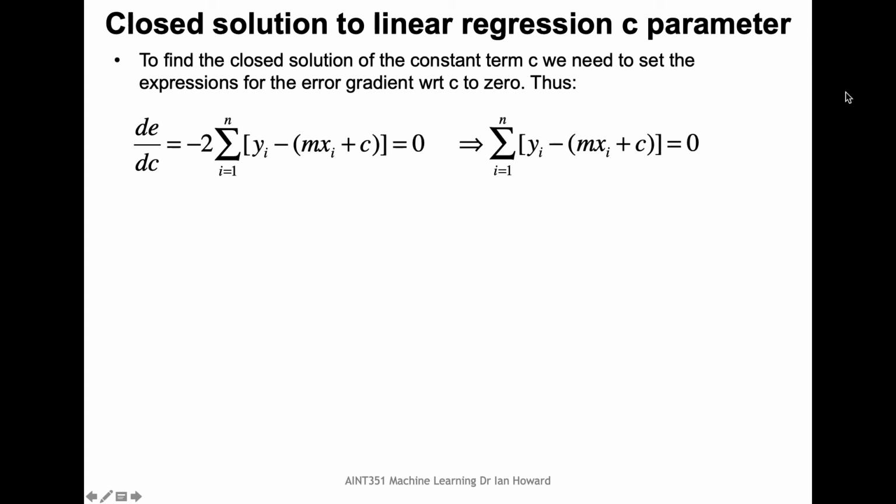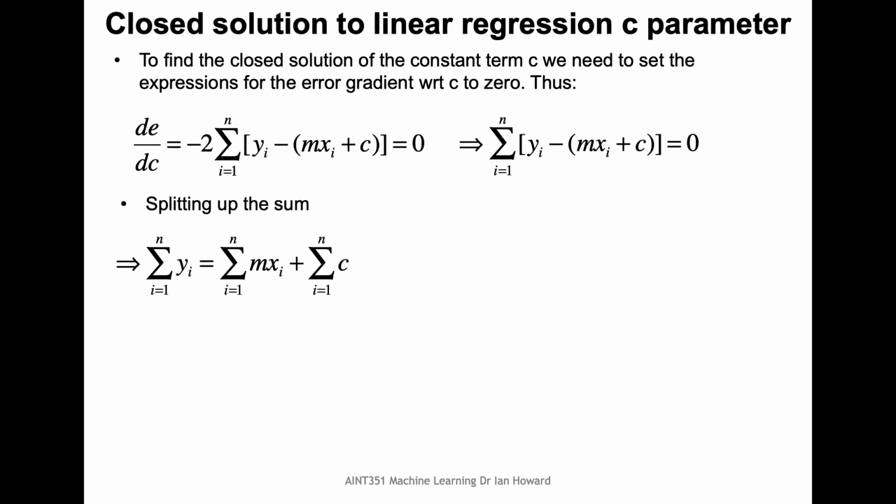First, we want to solve this equation for c. If we can solve this equation for c, we can say immediately what the constant is. So what is that going to involve? Let's first split the sum up. We leave the sum of the yi term on the left-hand side, and we move all the rest of the sums onto the other side of the equation.